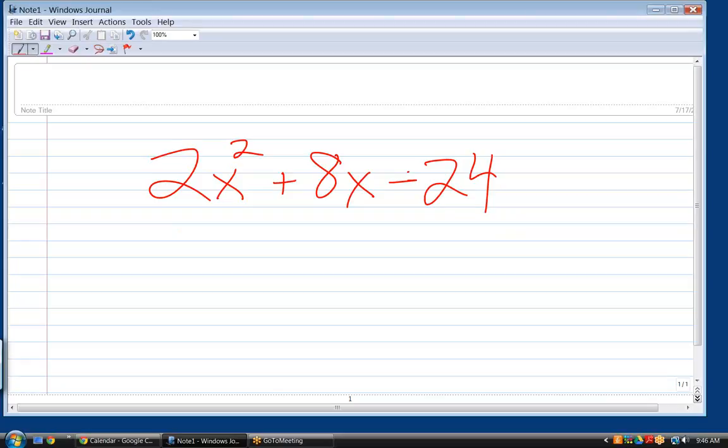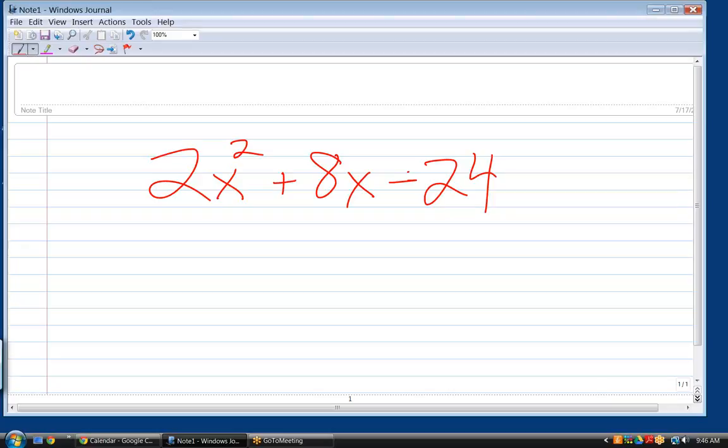What's the very first thing you have to do when you look at a factoring problem? You have to see if there is a greatest common factor. You always want to do that before you split it into parentheses. So is there a greatest common factor here? 8.